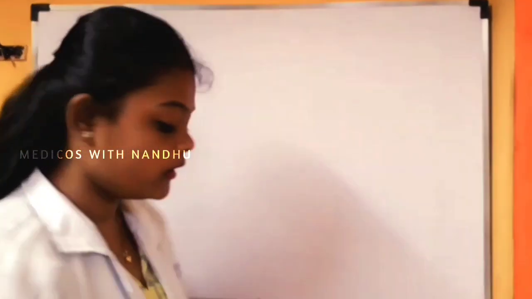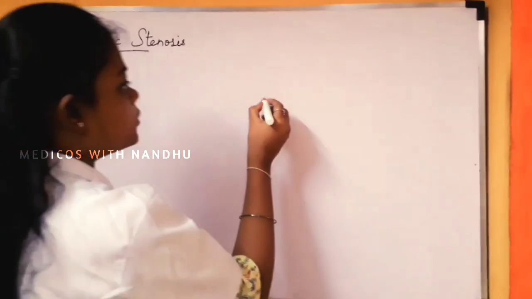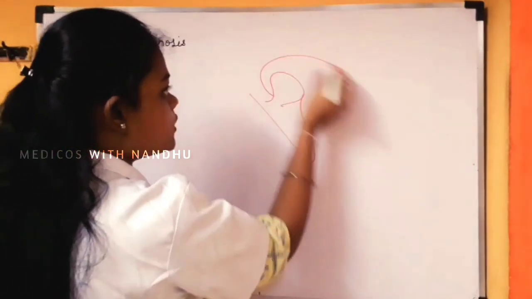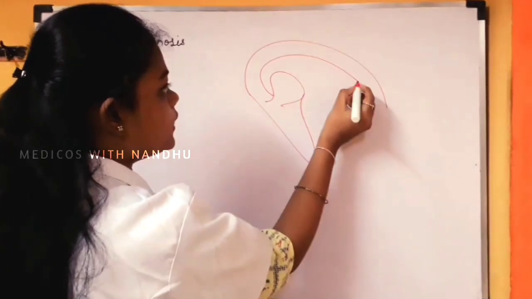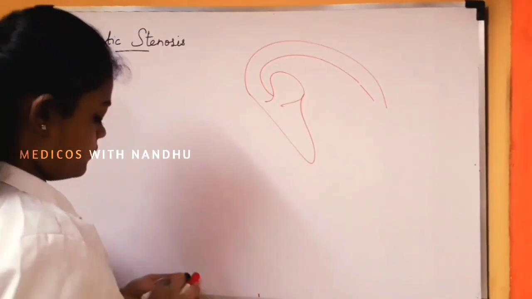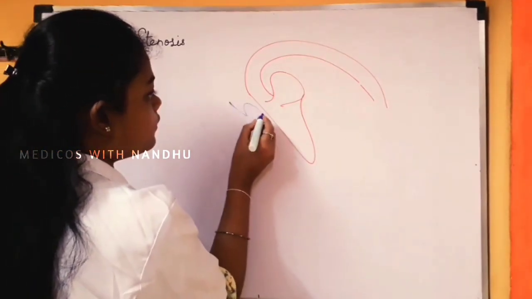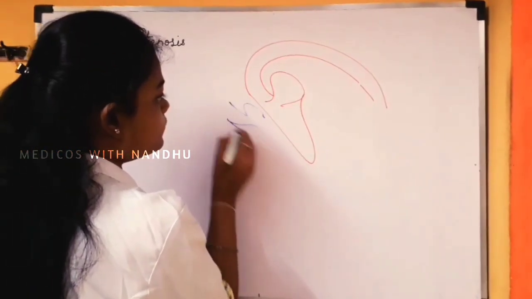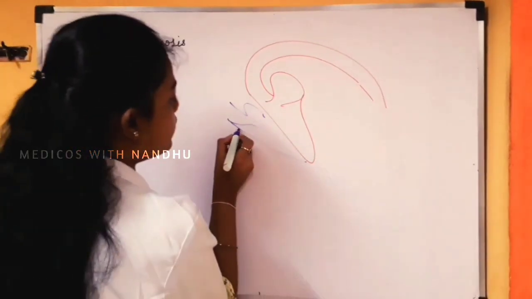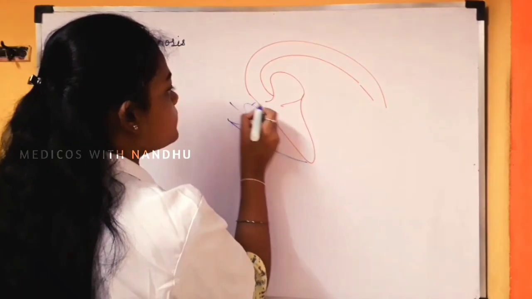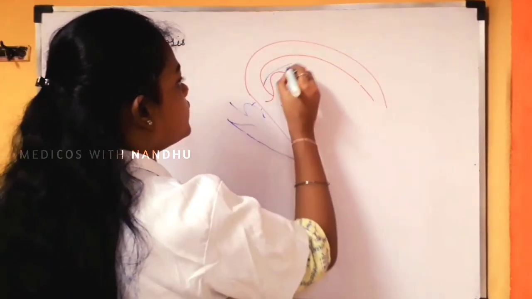Now let us draw the model of the heart here. So this is the left atrium, left ventricle, aortic valve, and here the right atrium, right ventricle, and there is a pulmonary artery here.